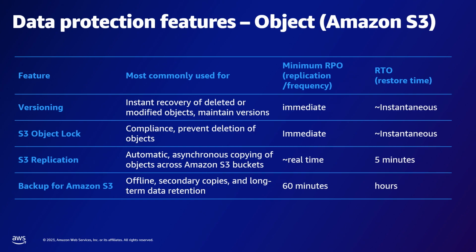S3 replication provides automatic and asynchronous copying of objects across S3 buckets within the same region or across regions. This provides a level of redundancy that can protect against data loss in case of a disaster or other events. Finally, you can configure automatic backups for S3 objects to meet your requirements of maintaining a secondary copy of your S3 objects, as well as long-term data retention.